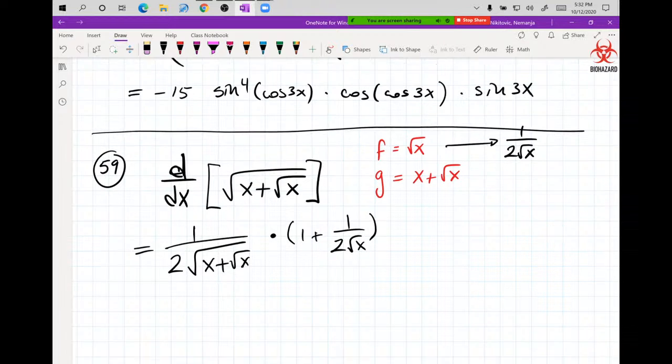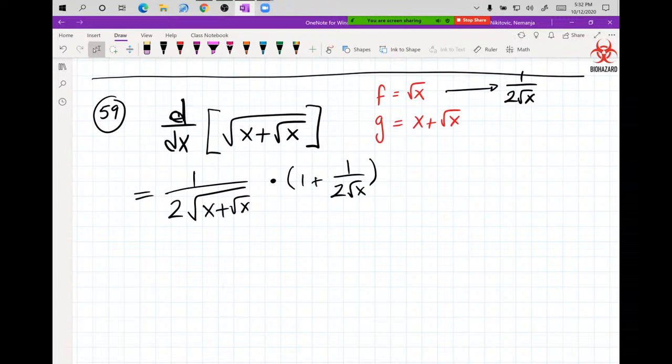And now we place all of this onto the same fraction: 1 plus 1 over 2 root x divided by 2 root x plus root x.